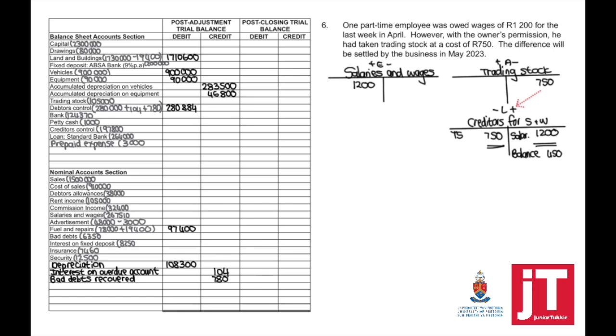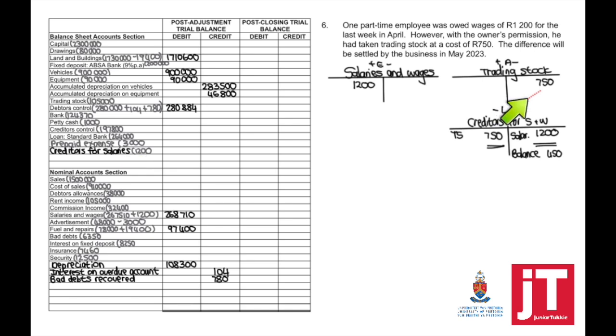Adjustment number 6, salaries and wages. We had it to add to our expense 1,200, and now we need to add creditors for salaries in the post-adjustment trial balance under the balance sheet account section, 1,200.